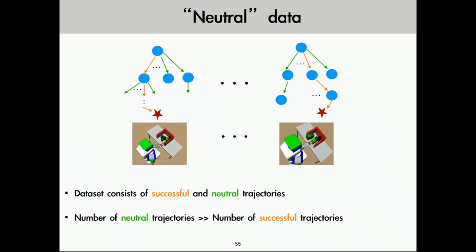So we have one trajectory that actually led to a goal. In classification terms, we might call them positive samples. And we have these neutral trajectories that we don't know if they're positive or negative. We might conclude that the state we ended up in might be a dead-end state or a cycling state that we actually come back to.